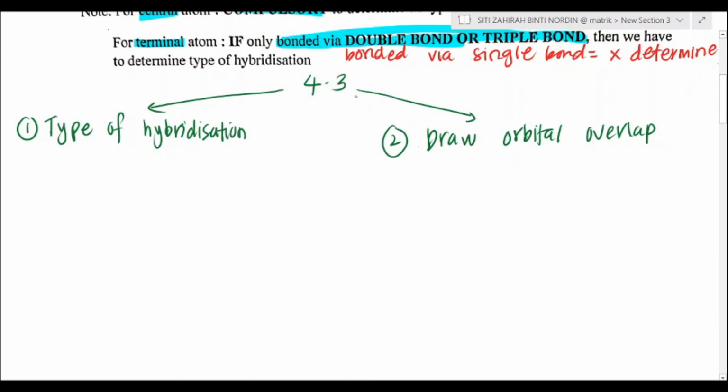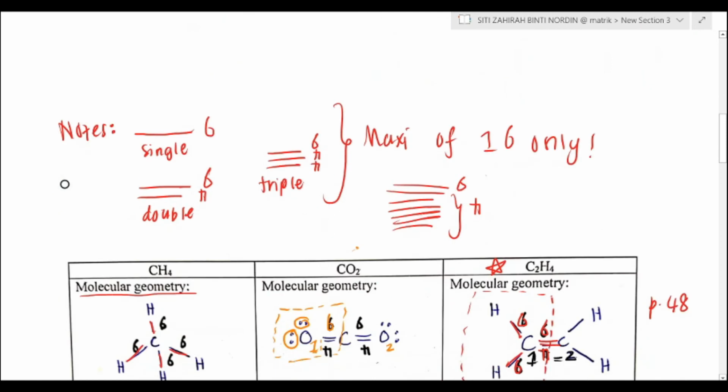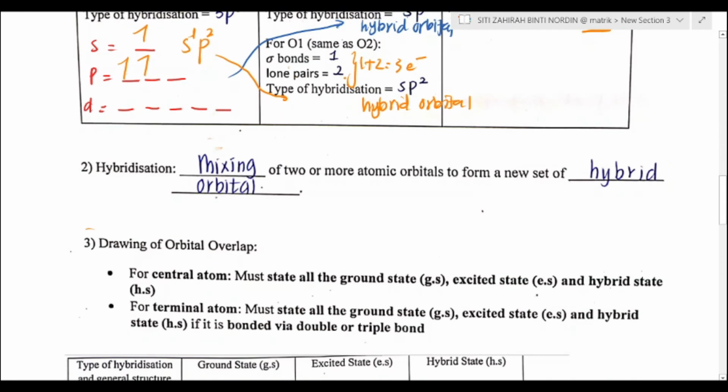The second thing in 4.3 is to draw your orbital overlap. So for this, I want you to look at your point number 3. To draw your orbital overlap for central atom, you must state, okay, it is compulsory to state all the ground state, excited state, and the hybrid state. So for terminal atom, again, state all your ground, excited, and hybrid state if the terminal atom is bonded via double or triple bond.